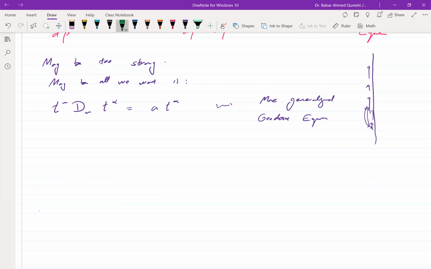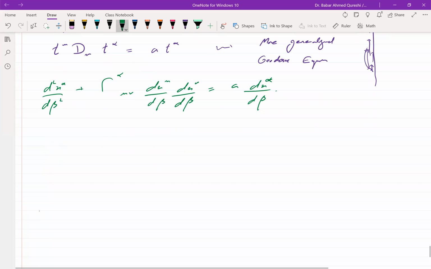Everything is the same, except you put it equal to some constant times this vector. It doesn't matter what constant appears here; as long as this happens, it's a straight line.